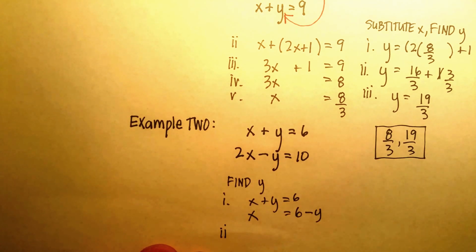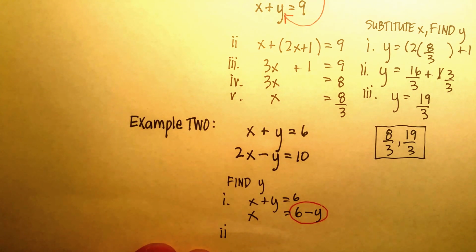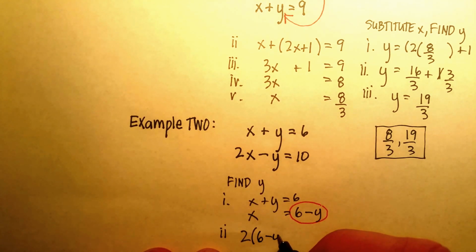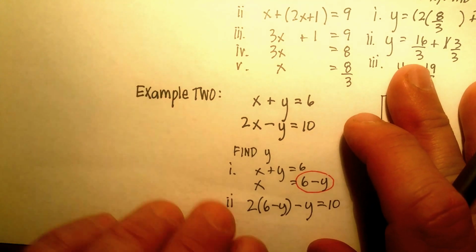And now let's go ahead and substitute. Wherever we see x, we're going to substitute in 6 minus y. So take the second equation, 2 times 6 minus y is equal to 10.